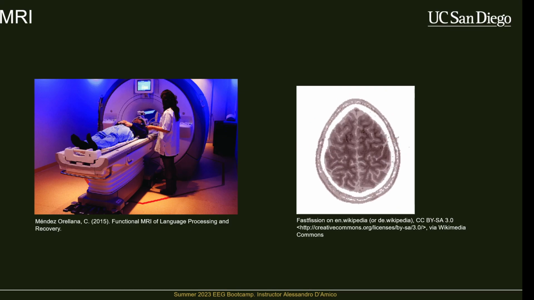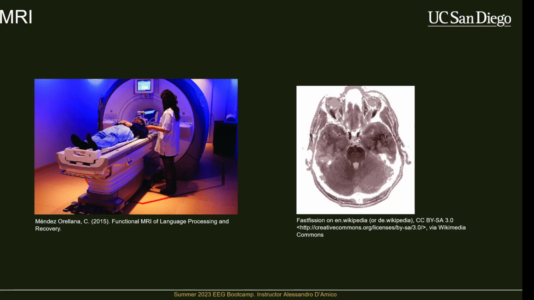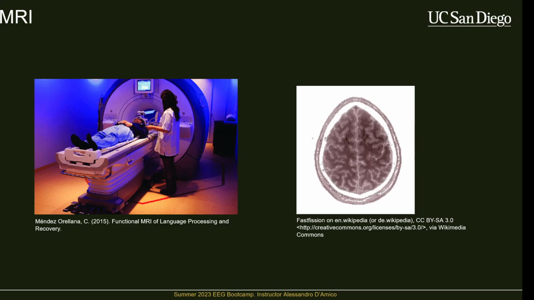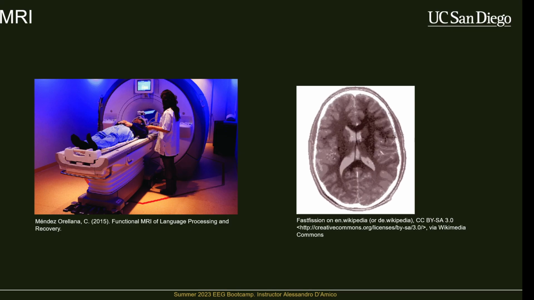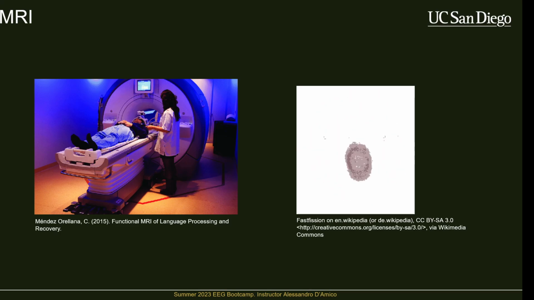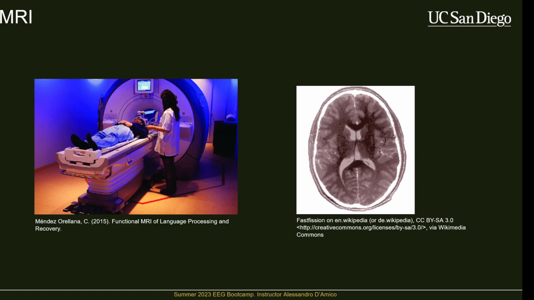So what it's measuring is the change in blood from certain regions, and the base theory is that whenever the brain needs more blood, that area is more activated. So it's not necessarily measuring the electrical potentials. It's not measuring the chemical potentials or neurotransmitters or anything.